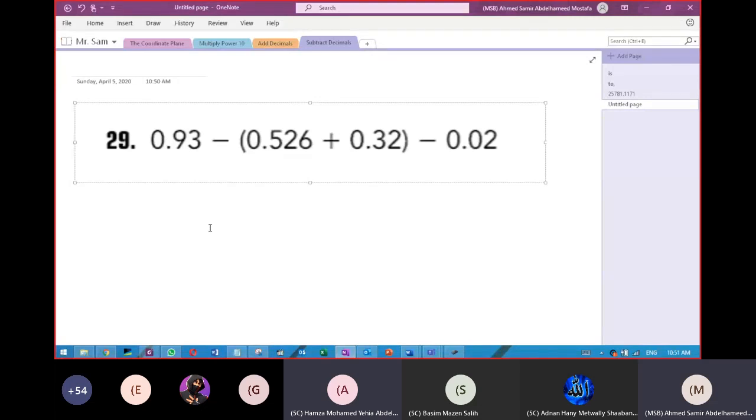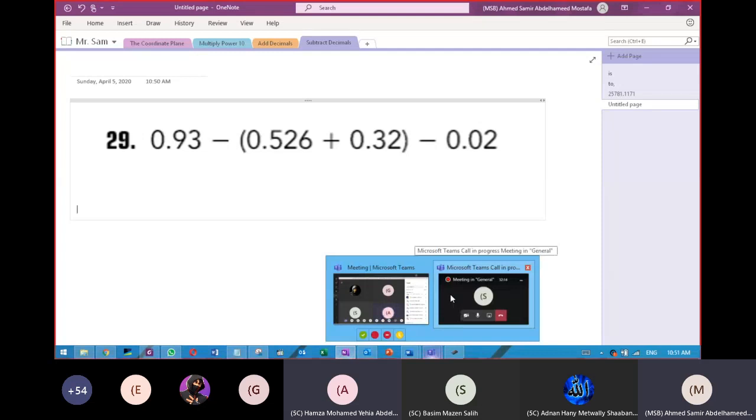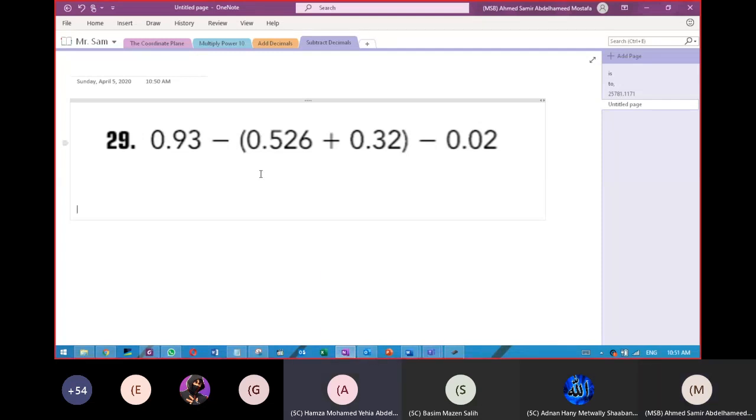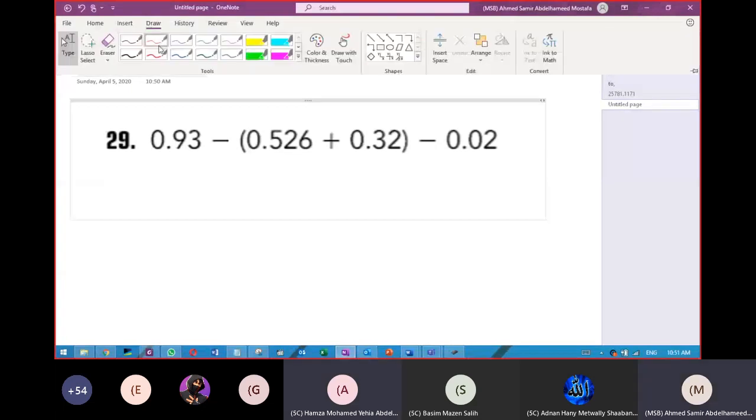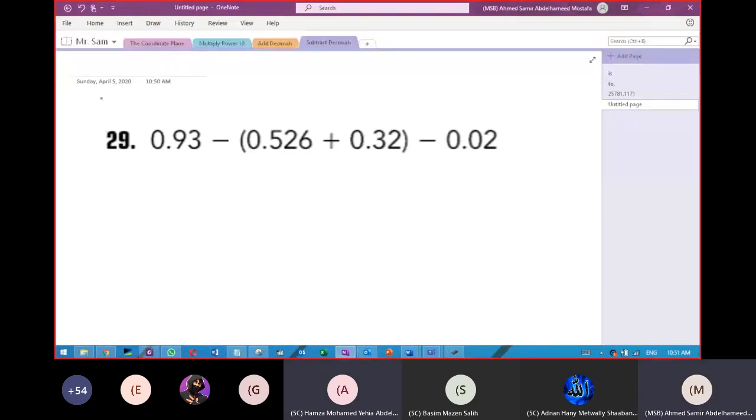Okay, so now we will start with the bracket. Why do we start with the bracket? Because we have a rule. What's the rule that we're following here?